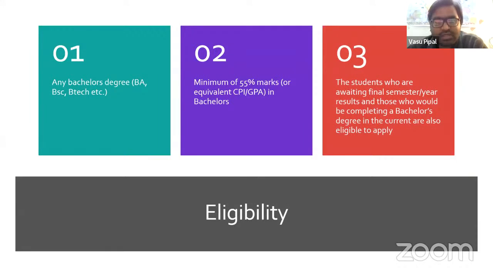The only requirement is that you should have 55% marks or the equivalent CPI or GPA in your bachelor's. Also, students who are in their last year of graduation can apply, provided that the university or college they are studying in publishes the result within 2 or 3 months of completion. So if you are from any discipline, you can apply for this course.